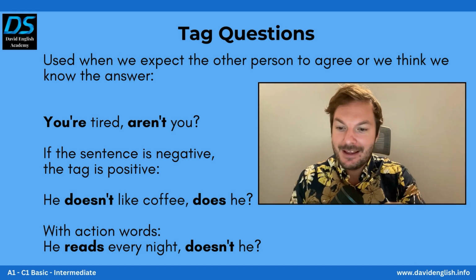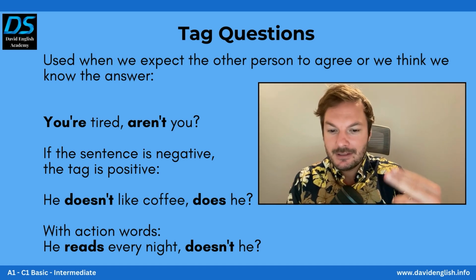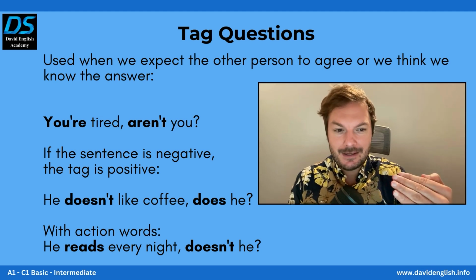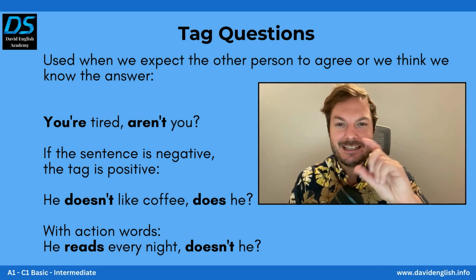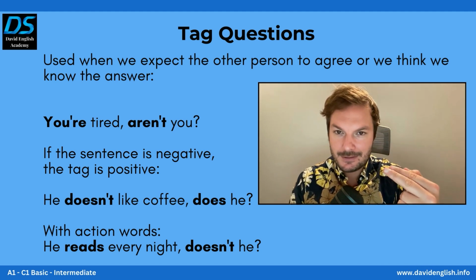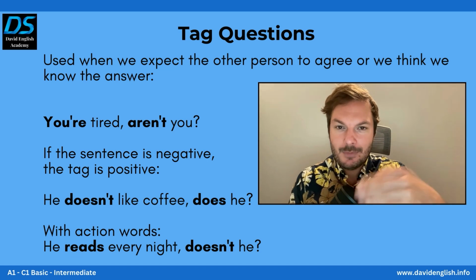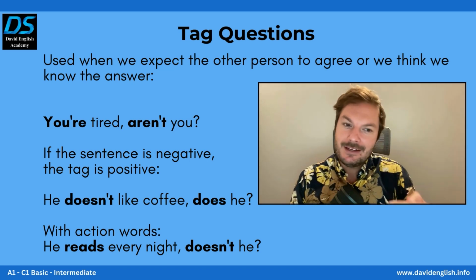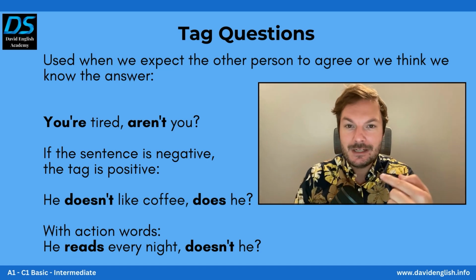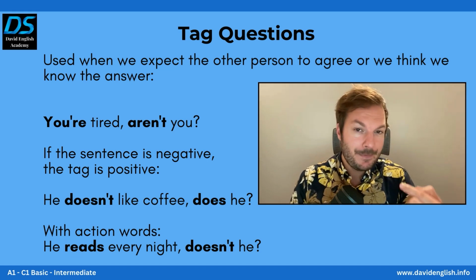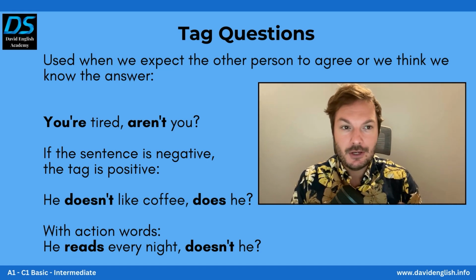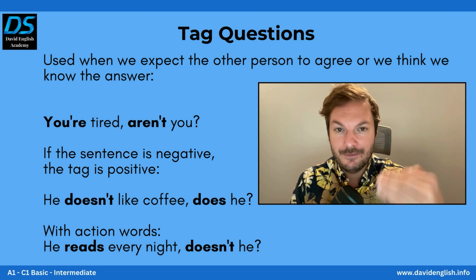Okay? Remember that. Now, with action words, he reads every night. Notice that he reads every night is positive. We have the verb, but we're still going to follow up with doesn't he, because read is a verb, and we know that do and does go with a verb.